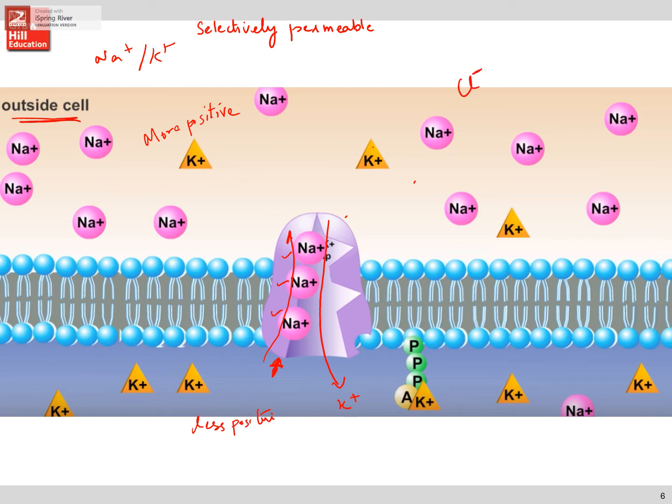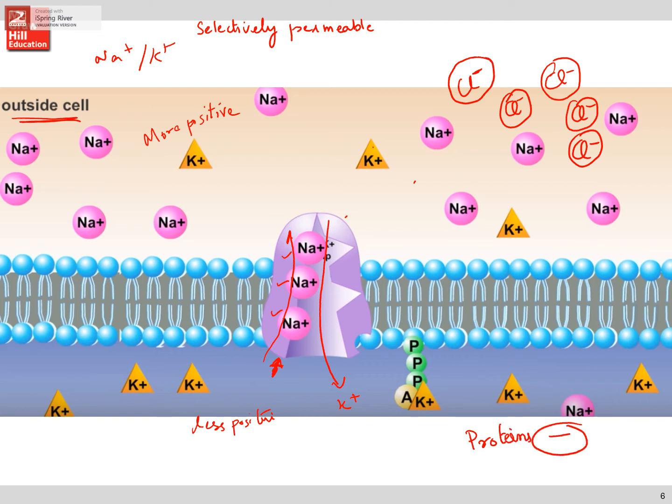You have a lot of chloride ions outside the cell. So what do you think you'll have inside the cell? Yeah, so inside you'll have a lot of proteins that are negatively charged. Okay, so the difference in electrical charges across the plasma membrane is called the resting membrane potential of the cell.